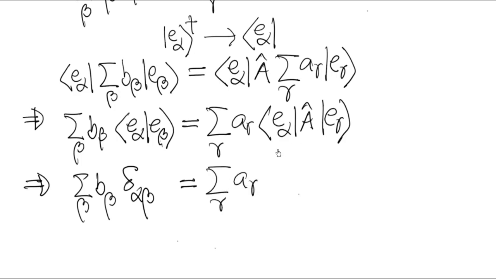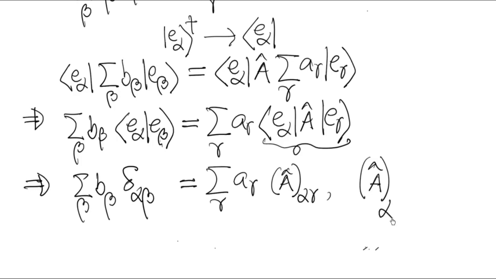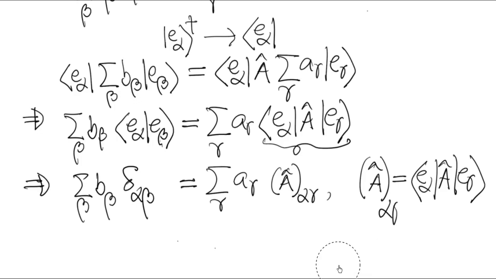And this quantity is actually the matrix element of the operator capital A. As I said before, operators are represented by matrices, and so this is the matrix element, and we denote it by this.